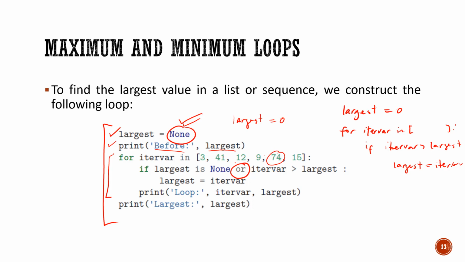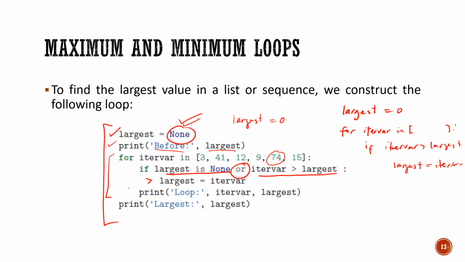If I use or, only one of the two needs to be true, if this is true or this is true. Since only one needs to be true, it will read what is inside. So if I use the or operator: if largest is None or iter var is greater than largest, then the largest is equal to iter var.